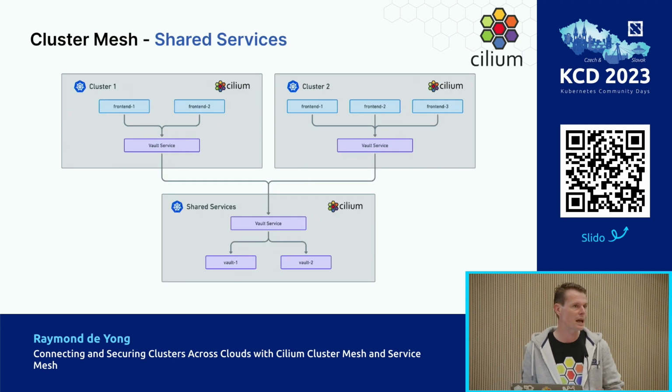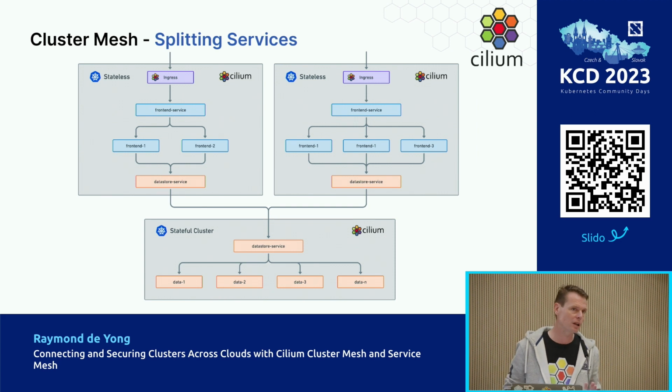But you can also use it in a shared services topology, for example, where you have a shared infrastructure cluster and you don't want to maintain for each tenant, for example, all these kind of infrastructure services, but instead you can expose this centralized service into your tenant clusters, and Cilium will know how to route traffic to that given cluster.